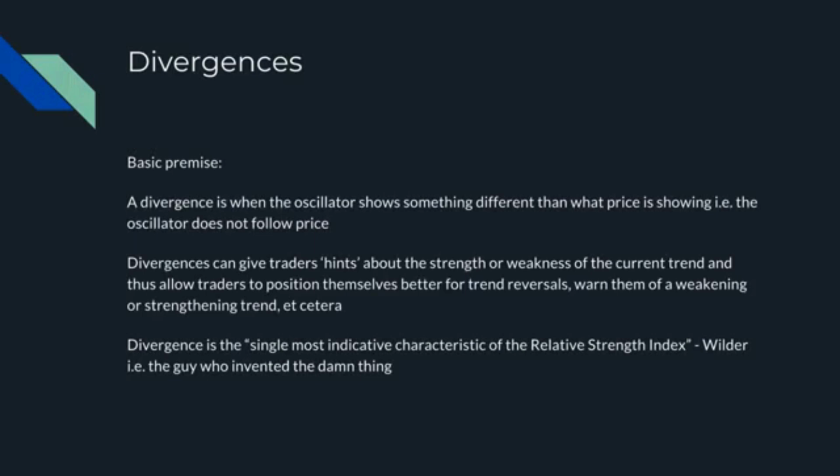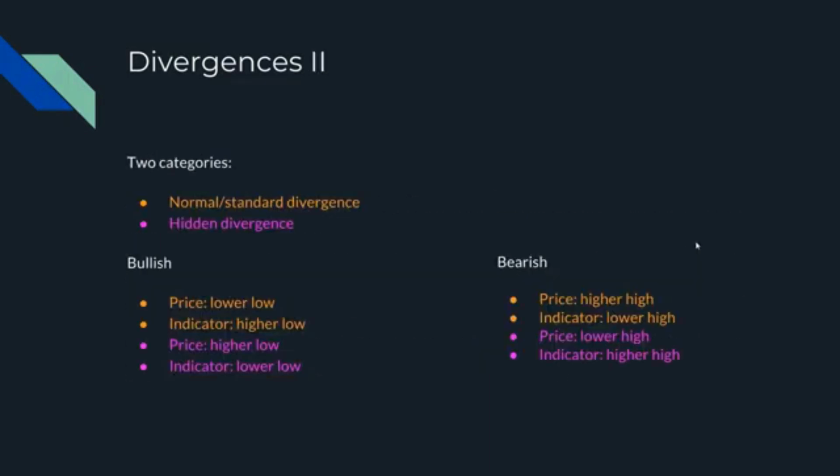And I thought this was an interesting quote from Wilder, probably butchering his name, the guy who came up with RSI. He says the single most indicative characteristic of the relative strength index. So if you're not using divergences in your RSI analysis, the creator is very upset with you. So let's get to it.